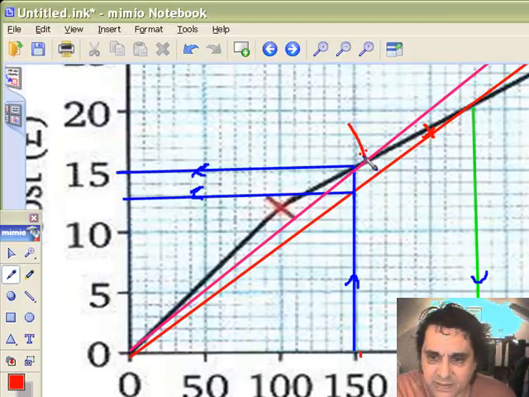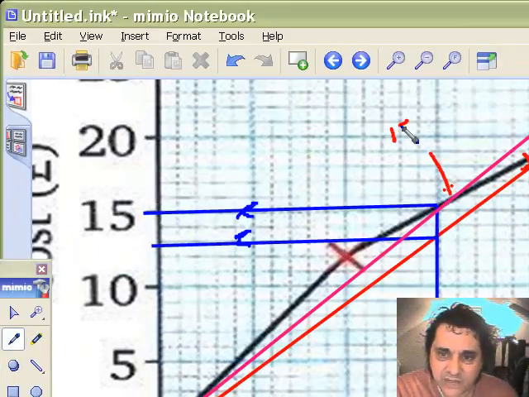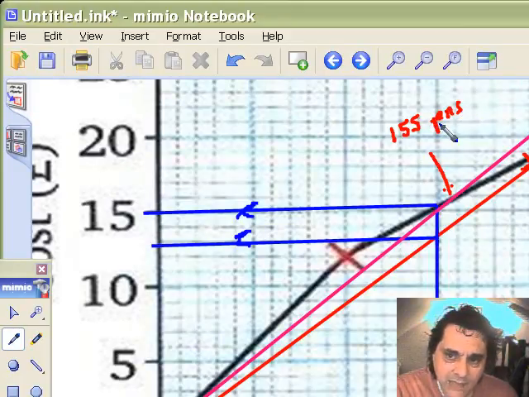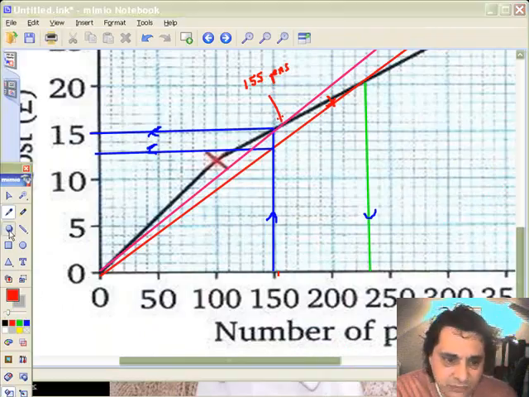So if that's the case, then I think if that's 150, 160, we've got about 155 pens or so. So if the school buys 155 pens, and it's really hard actually writing like this, just to rub that bit out.